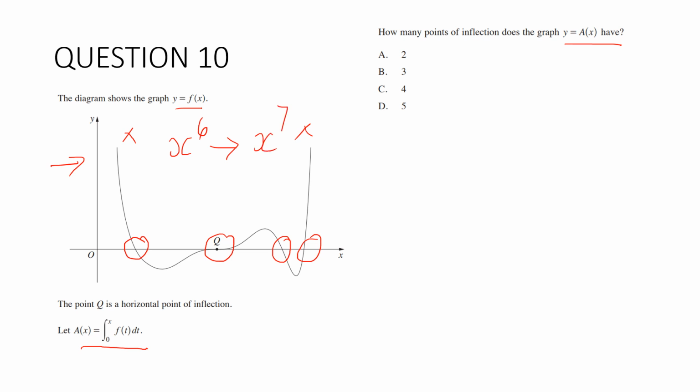All right, we're going to look at each of these because they're all going to turn into turning points when we integrate them. Right, let me rub that out. Okay, so let's look at this one first. So 0 here, we have positive through 0 to negative.